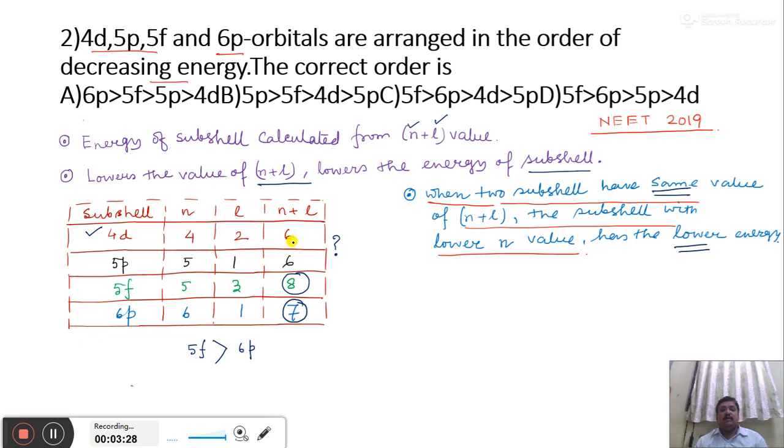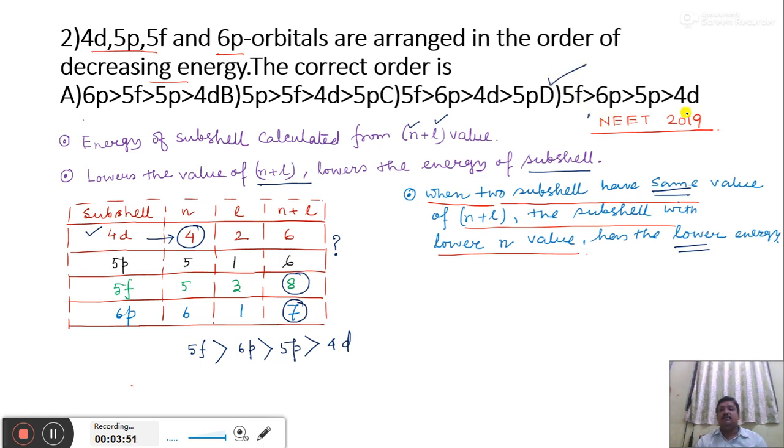Now between 4d and 5p, which has the lower n value? 4d has the lower n value, that is 4, so 4d is least in energy. So the energy series is 5f, then 6p, then 5p, then 4d. So option D is correct.